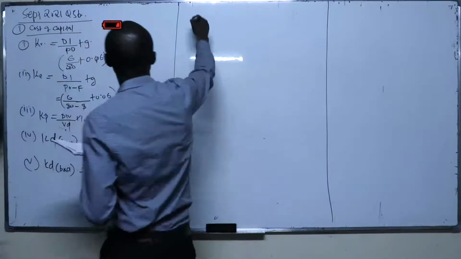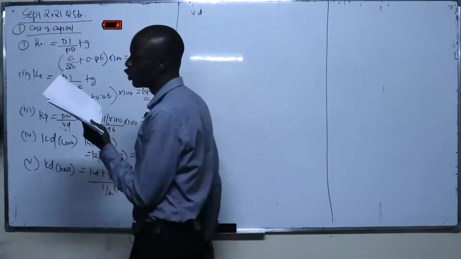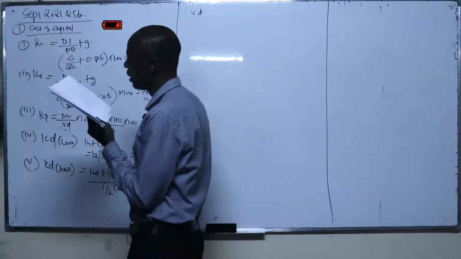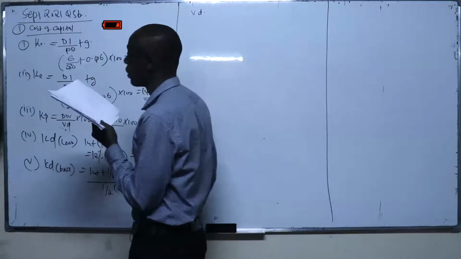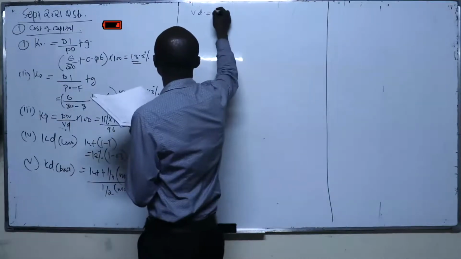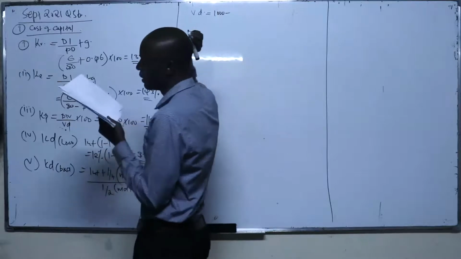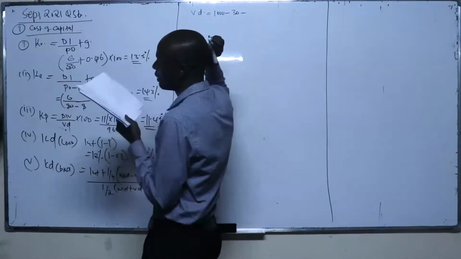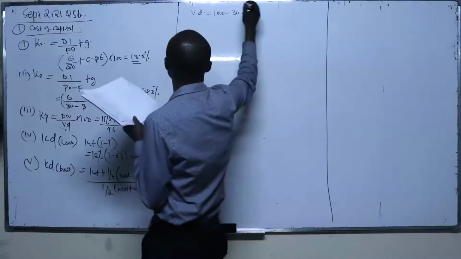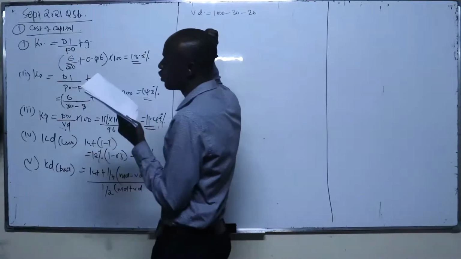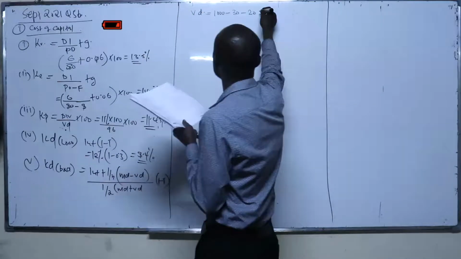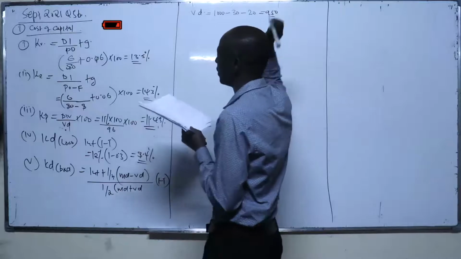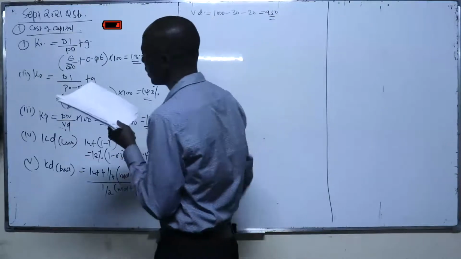The VD you have been told in the question, the par value of the bond is 1,000, so the VD is going to be 1,000 minus, you must give it a discount of how much? 30, and then you must give a flotation cost of how much? 20. So the VD is going to be how much? 950.